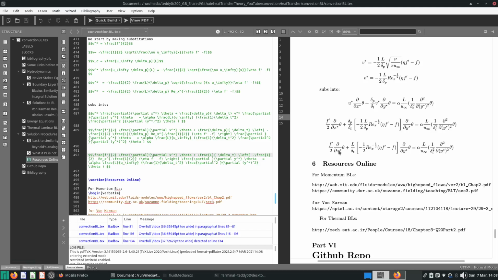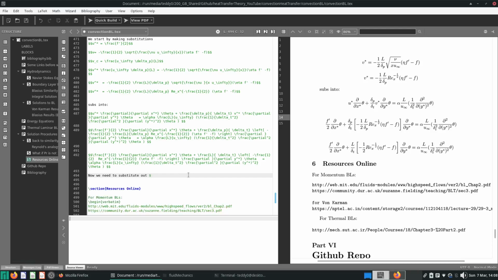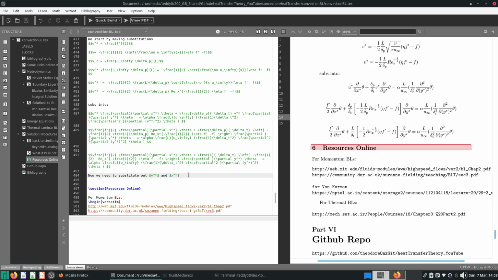The next part is that we need to substitute out this y star and x star, for eta.